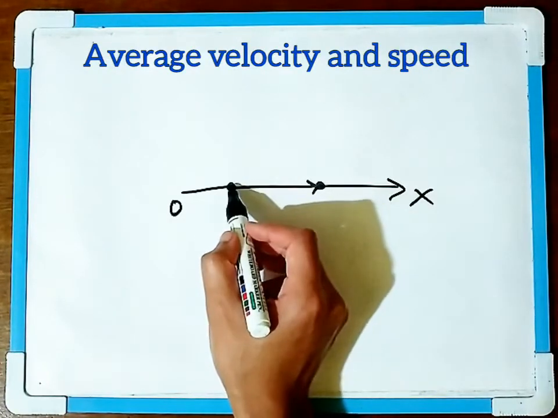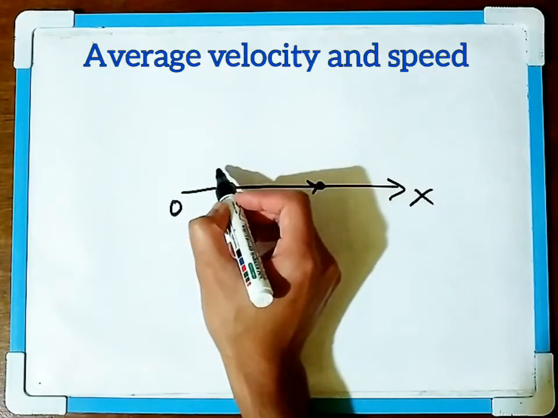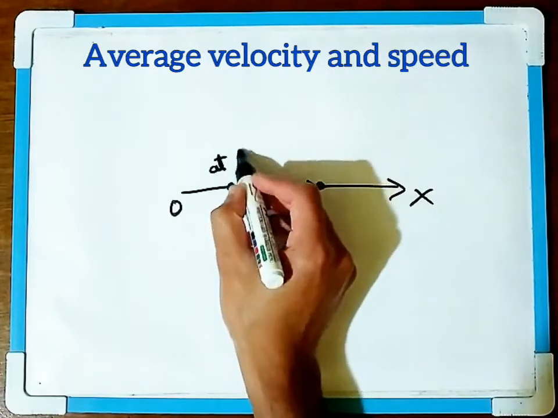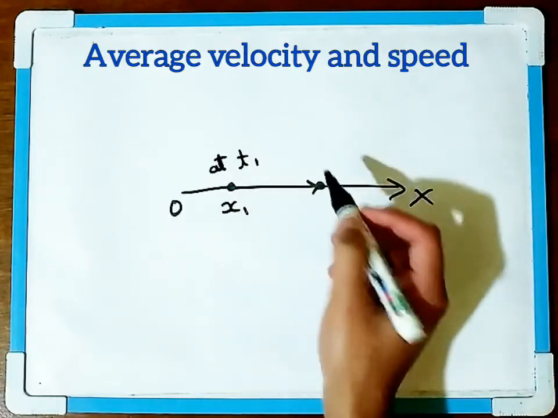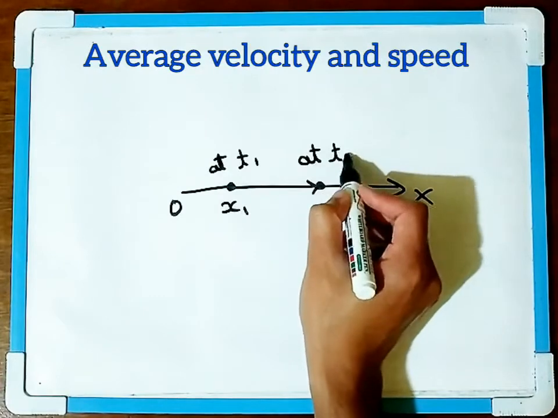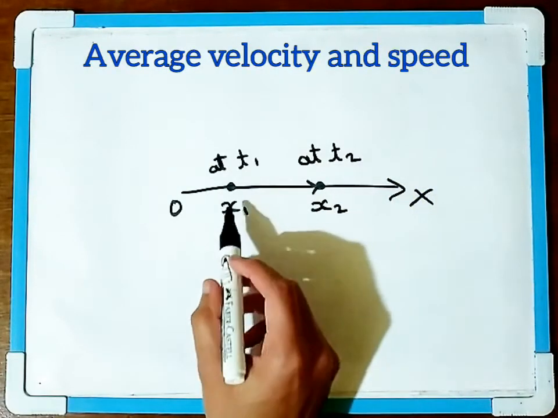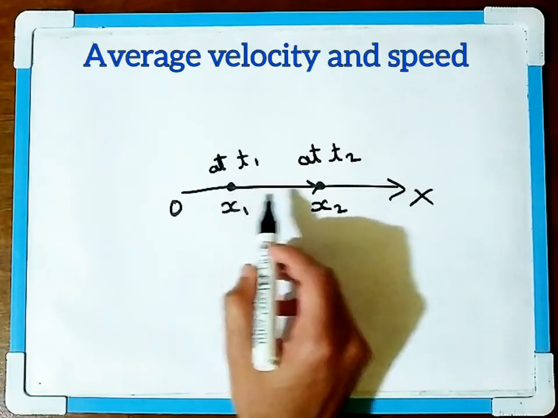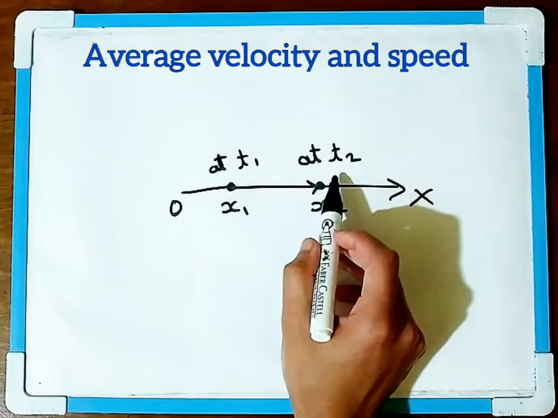So when the object is at this position, suppose at t1, the object is at this position x1, and at t2 the object is at this position. So the object changes its position from x1 to x2 in the time interval t1 to t2.